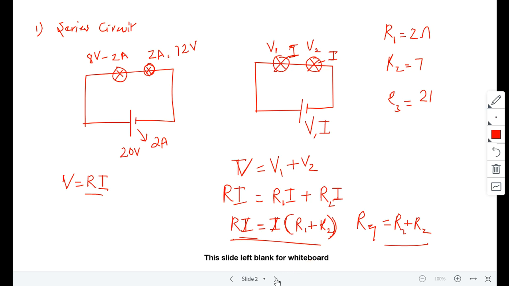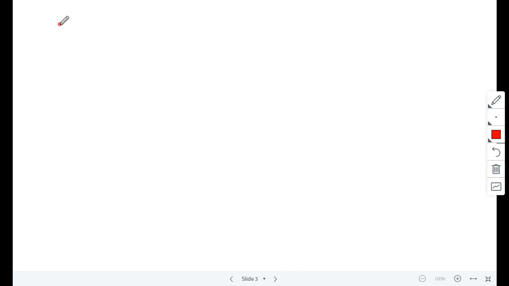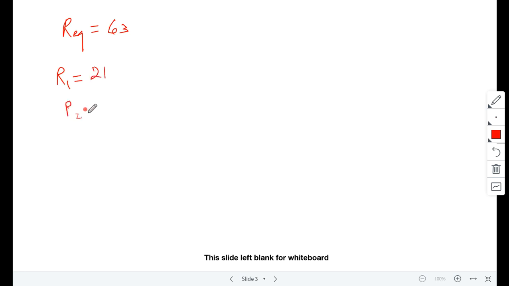Now it's given that the equivalent resistance of a circuit is 63. R1 is 21, R2 is 20.